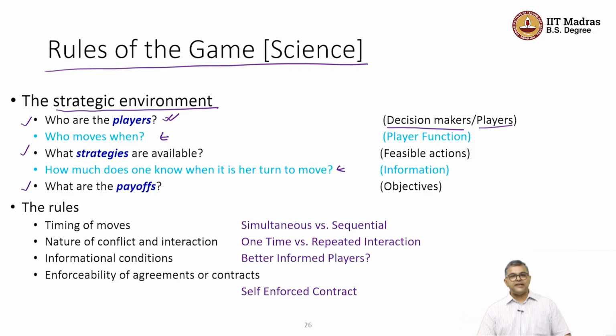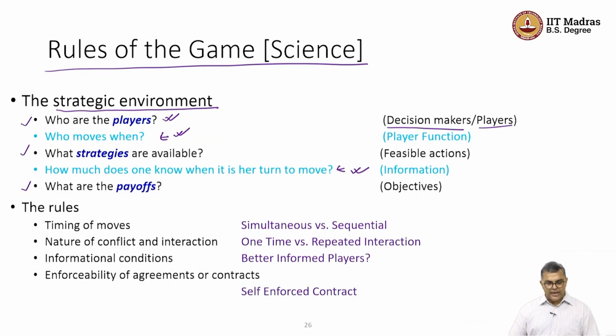The points written in black are universal, whether we have a normal form game or an extensive form game, we will have these rules applicable all the time. But the rules written in blue color here, this one and this one, are required only in the case of an extensive form game, we do not need them in the case of a normal form game. Let us talk about them one by one.